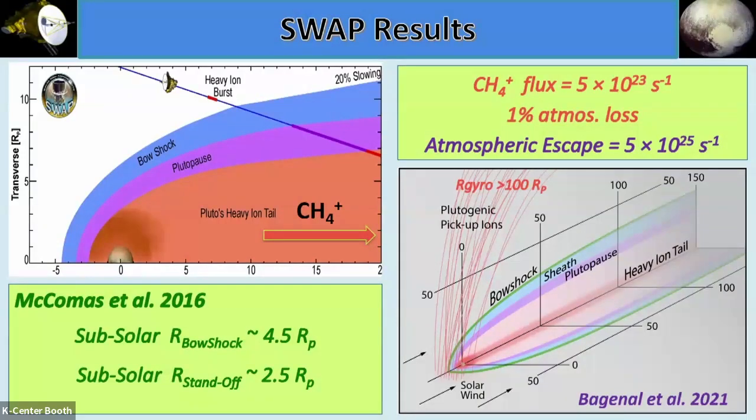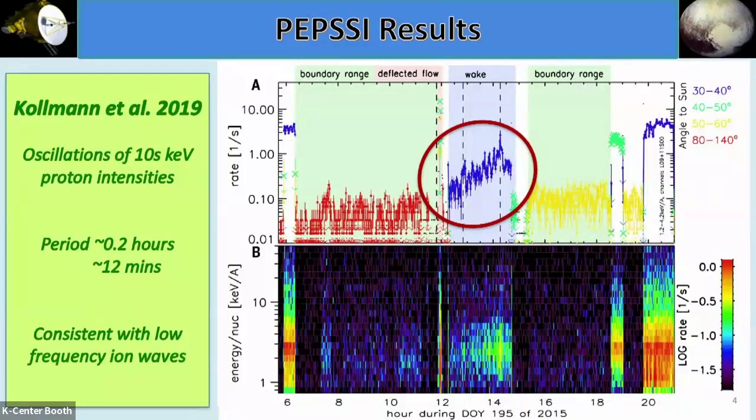Now, if we then look at the PEPSSI results, which Ralph talked about, indeed published by Peter Kollmann, these show different populations, here shown with different colors, different directions, different energies. But the notable point is that in the wake, there seem to be some oscillating fluxes.